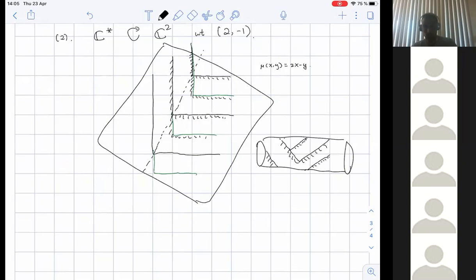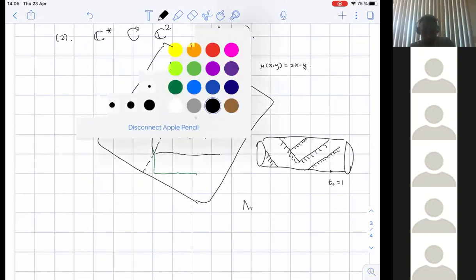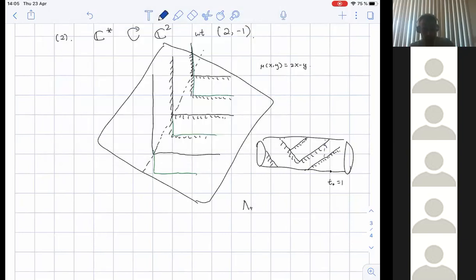So you can see that the transition happens automatically, where if you have time equals 1, the lambda plus, looking at this slice, is going to be a circle with two stops like this.